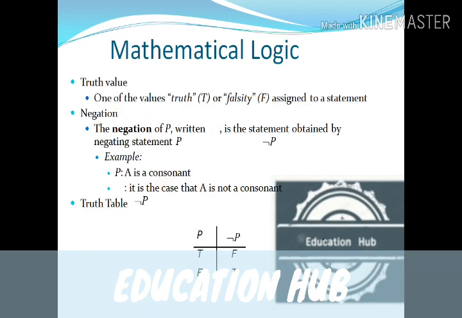The true value will be represented as T. Negation gives the complement value. If the statement is true, then in negation you will get false. If it is false, in negation you will get true. You can get it from the screen also.